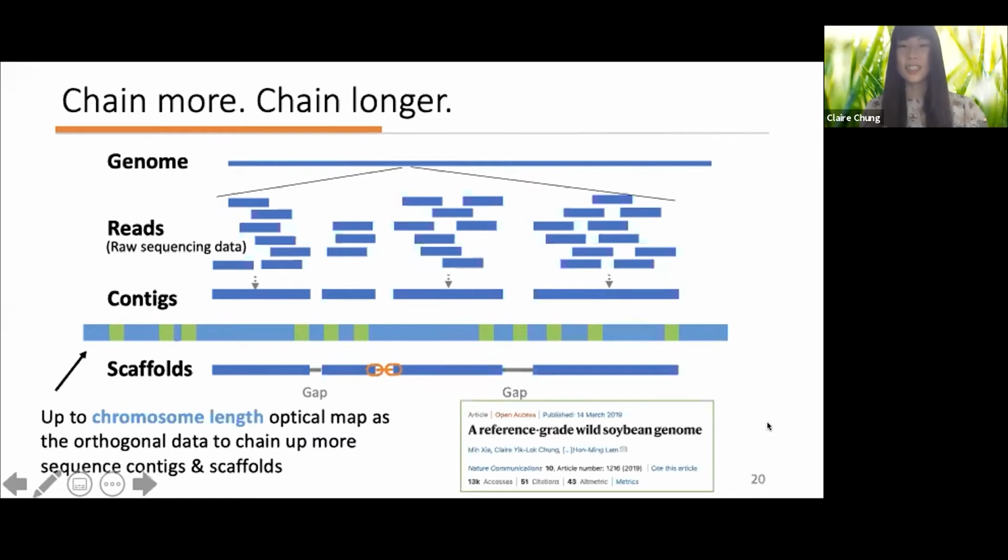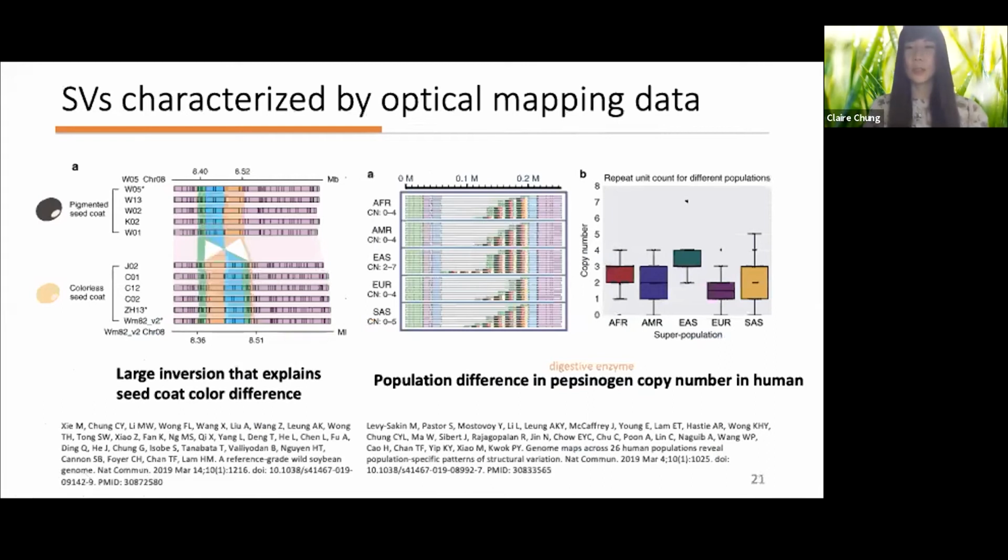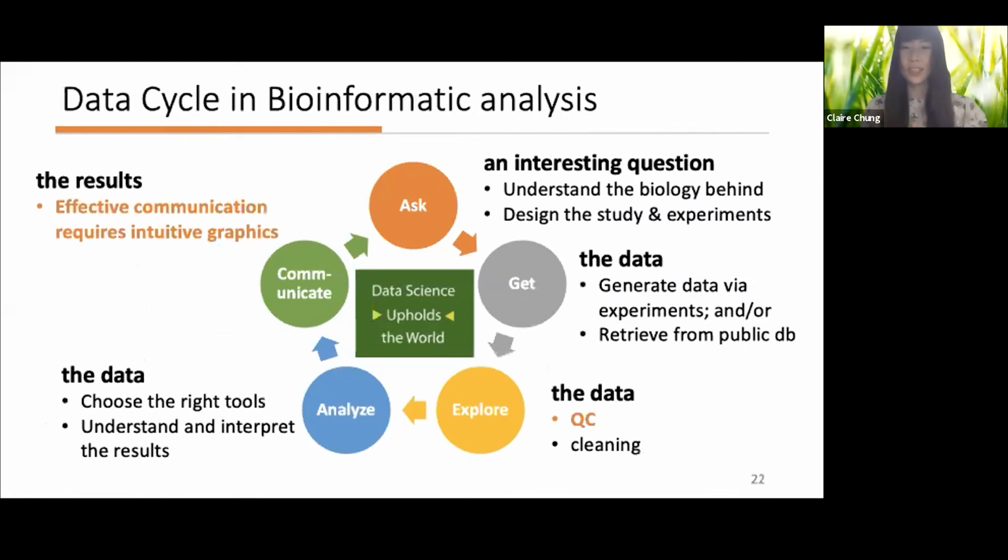And yes, it did really help piece together the genome puzzle. And here are two examples of research studies involved, showing how observing the signal patterns of the optical maps can generate biological insight. But I know you're not here today for a biology lecture, so sorry for the non-coding background.